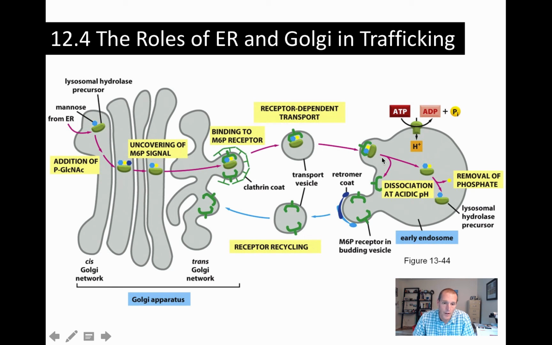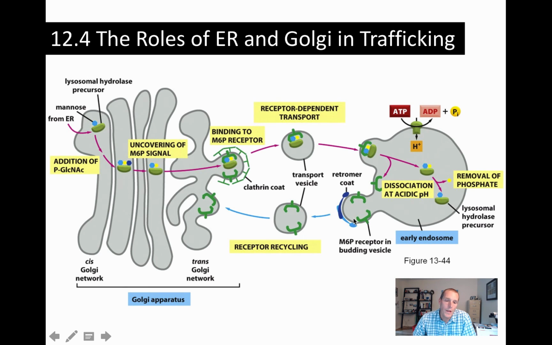So here's the receptor, and here's the mannose 6-phosphate containing protein dissociating. Then the phosphate is removed from the mannose 6, and you'll then end up with a lysosomal hydrolase, which will eventually be mature and fully active when it finds its way into a lysosome.